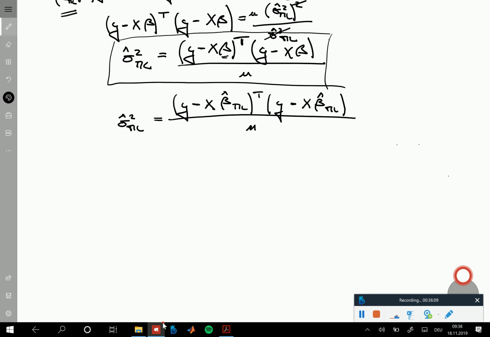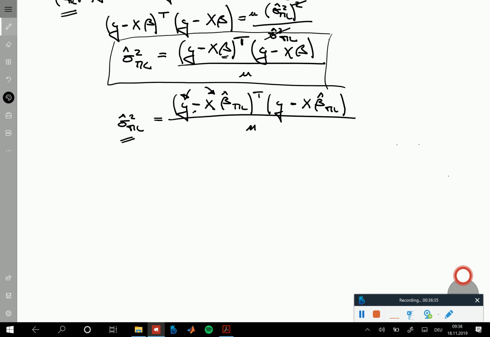So you have your data minus the prediction of the data based on your beta parameter estimates. You square these deviations and then divide them by n. So the remaining deviations are your estimate for the variance of the errors.